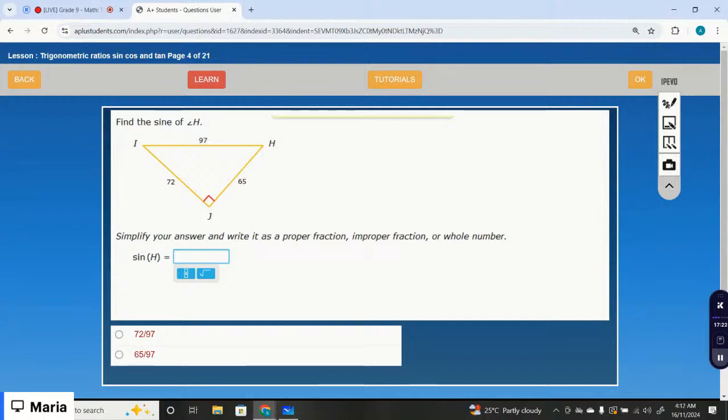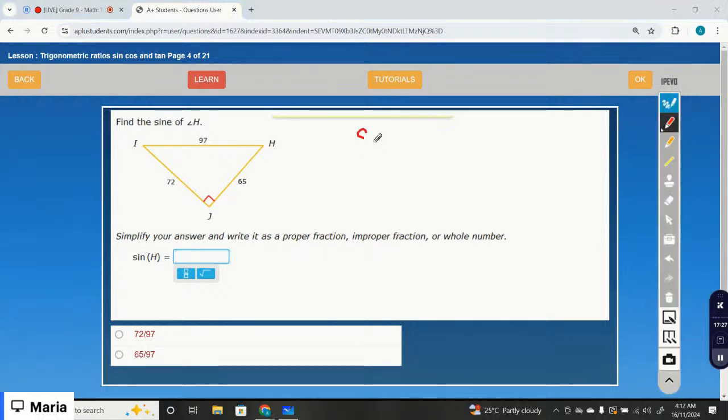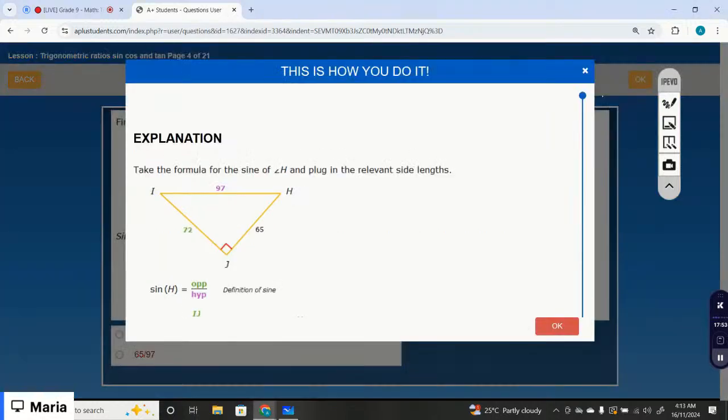Find the sine of angle H. Now you have to find the sine of angle H. So here is angle H. I forgot the leg name.